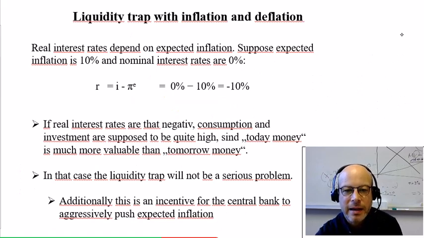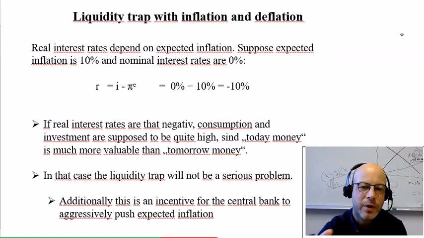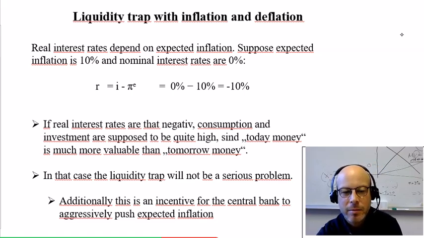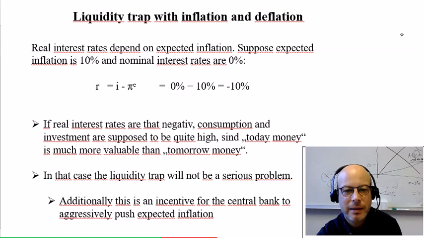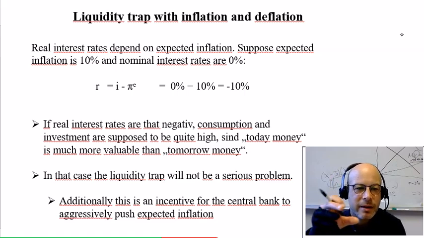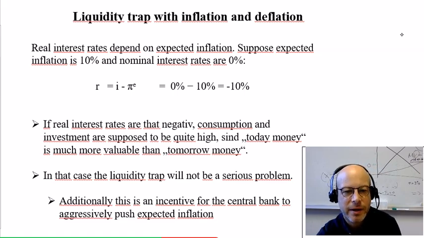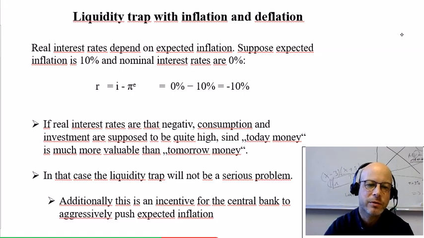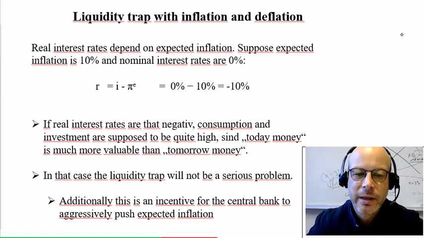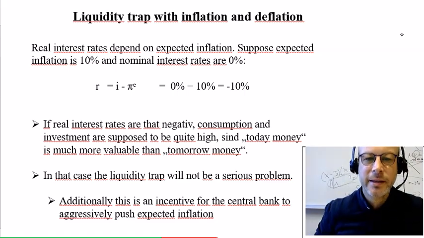And now let's have a look together when prices are changing. Because until now we have to admit that within the ISLM model we have a fixed price scenario. So now, as we have done it coming from Okun's law to Phillips curve, now we are also introducing a change of prices.